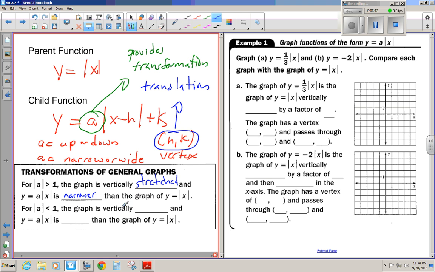Then it's the other way around here. If a is less than 1, it's vertically shrunk or compressed, and it is wider.